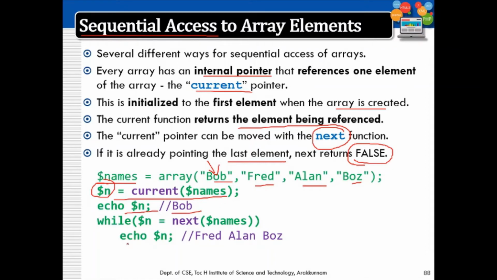Now just use a while loop, while $n is equal to next($names). So next will move on to Fred. Another iteration will move to Alan, and the next iteration will move to Bose. And this will be echoed as output values. Finally, when it reaches the end of the array, it will return false.